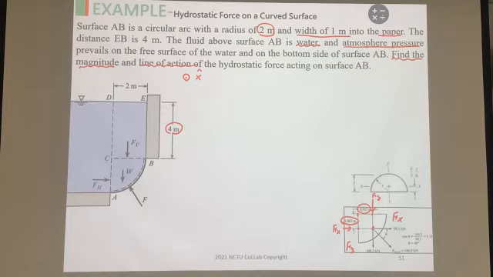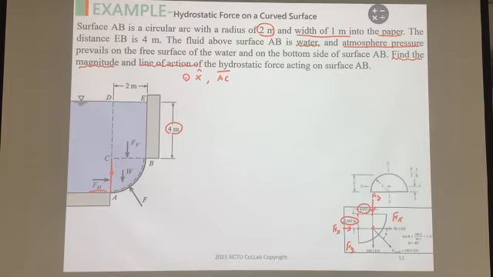For the x direction, we focus on the panel along AC, because for the AC panel, the force is a horizontal force. Again, first we find the centroid point. The centroid point should be at the center here.